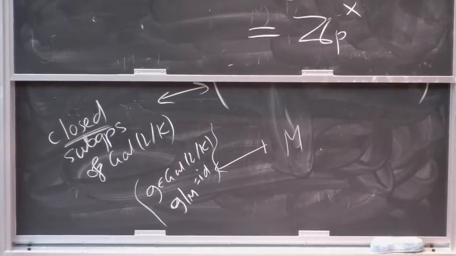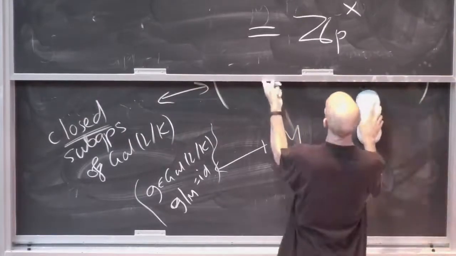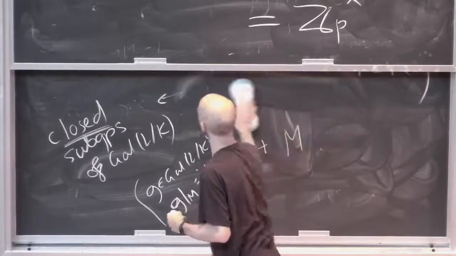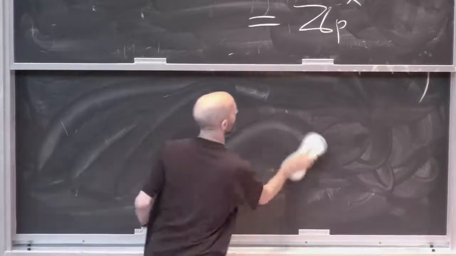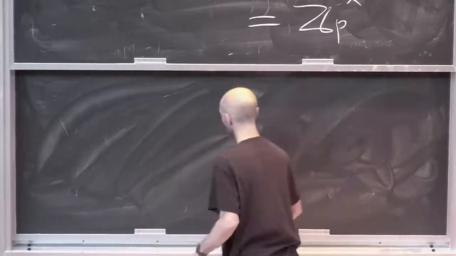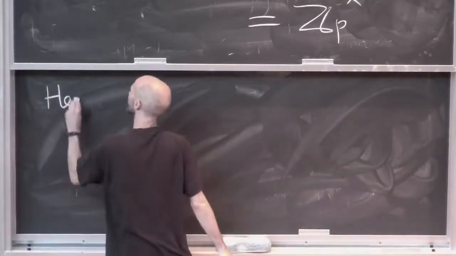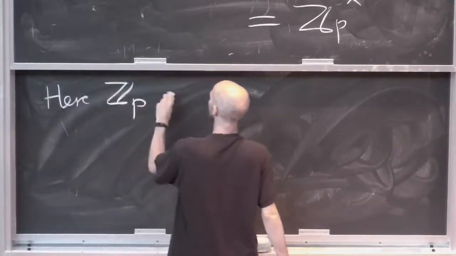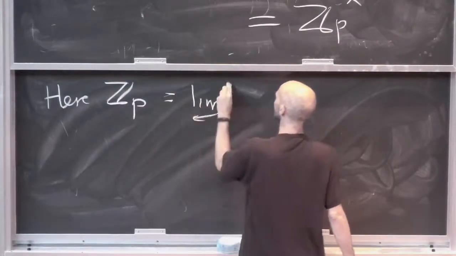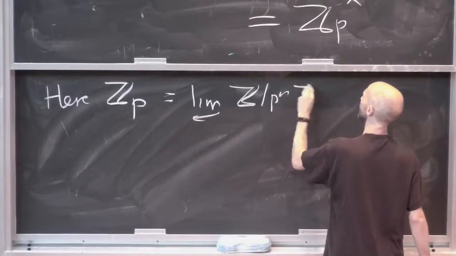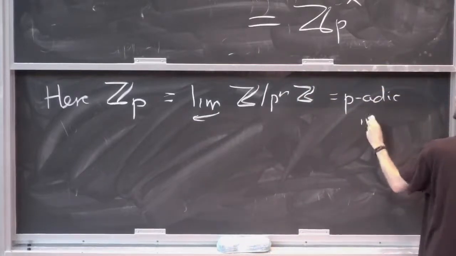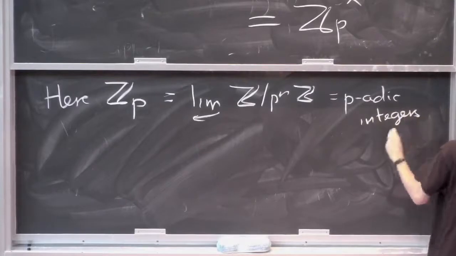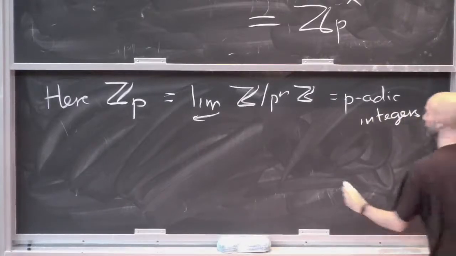And this is a topological isomorphism as well. So Zp is the p-adic integers. Zp star has got a topology. So here Zp is the limit of Z mod p to the n, the p-adic integers, with the usual topology.